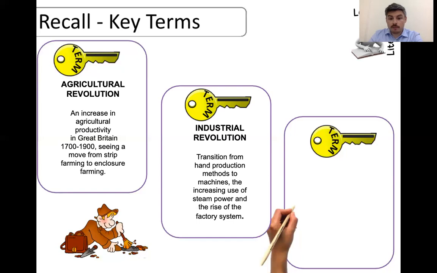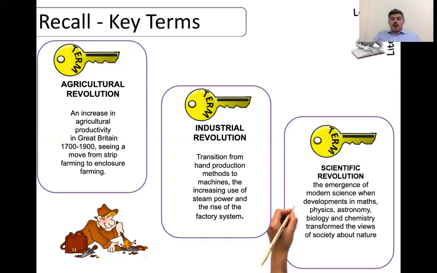And finally, scientific revolution. So what do you think we could mean by this? So pause and please write. So let's compare. So this was the emergence of modern science with developments in maths, physics, astronomy, biology, and chemistry that transformed the views of society about nature.